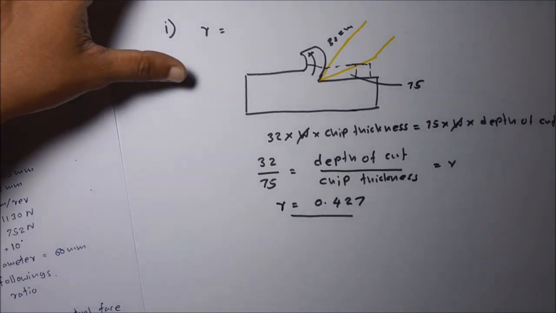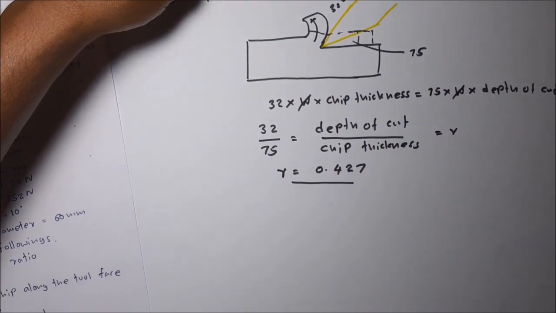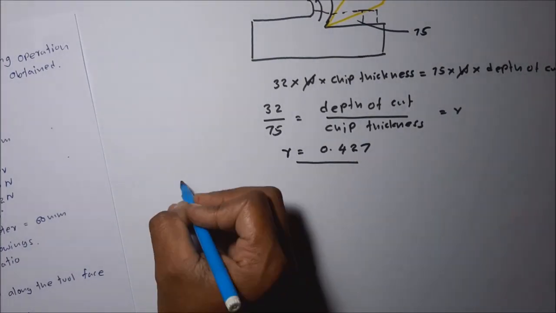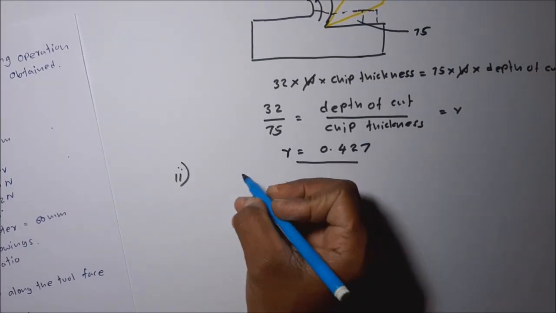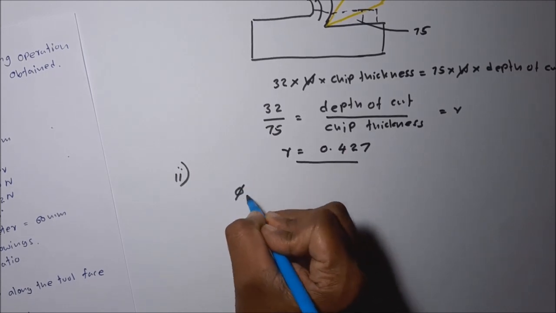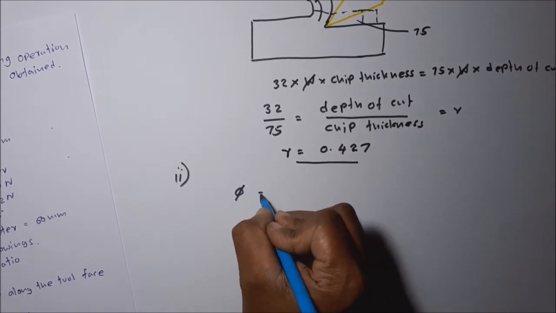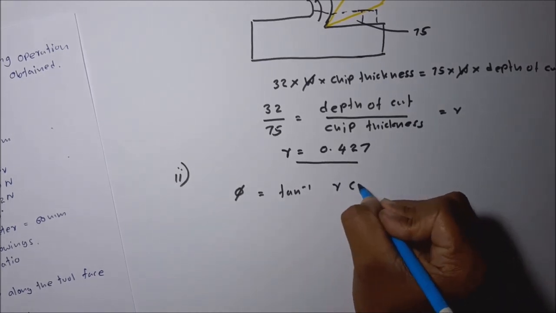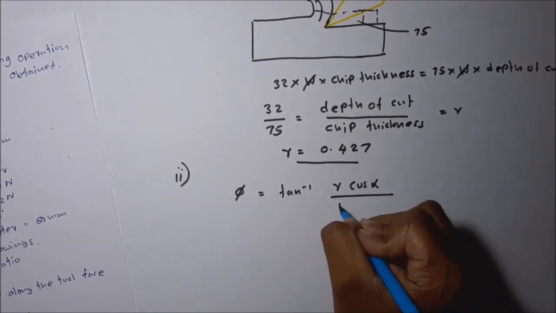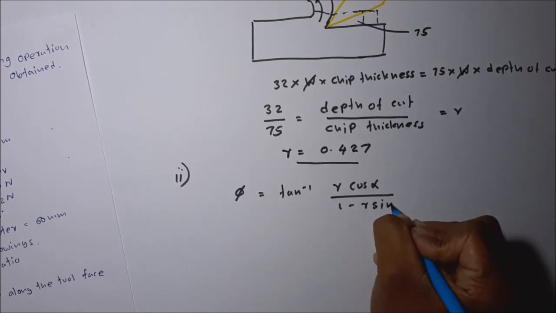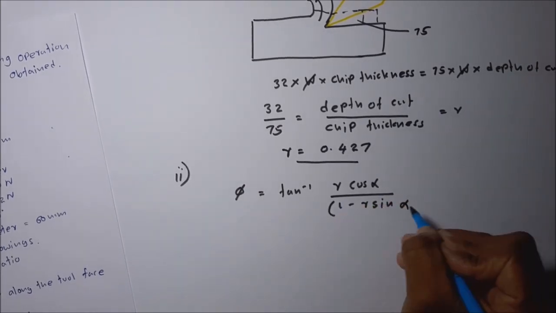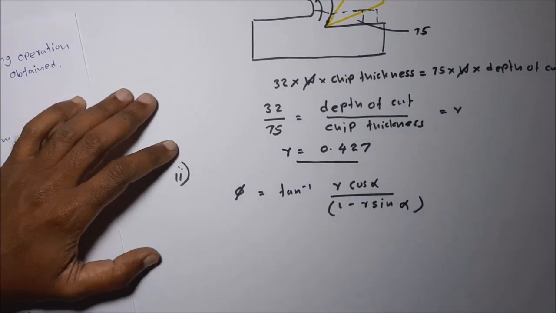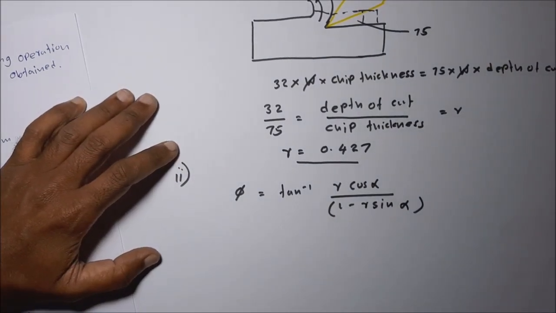Okay, secondly, the problem is asking to find the shear angle. We have an equation to derive this shear angle: phi is equal to tan inverse of R cos alpha divided by 1 minus R sin alpha. Okay, this is the equation to derive the shear plane angle.